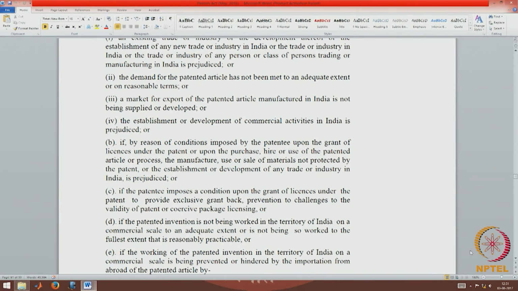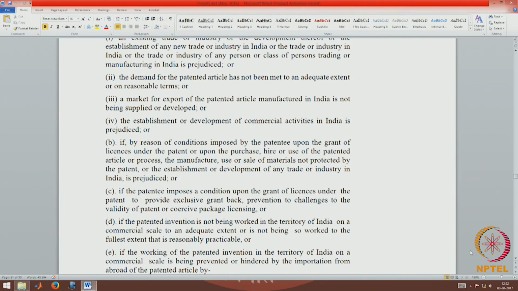For instance, there is a technology for making a machine which can create paper cups. Now, this machine and the technology are patented. Now, assume that this machine uses a special grade of paper in creating those paper cups, and the owner of the machine, which is patented, insists that the paper material for making the cups has to be procured from him.